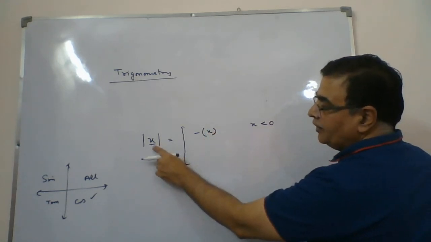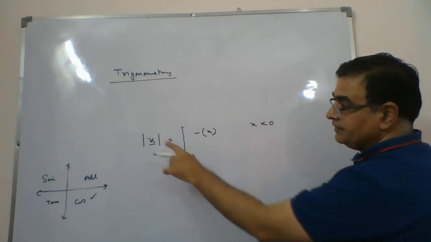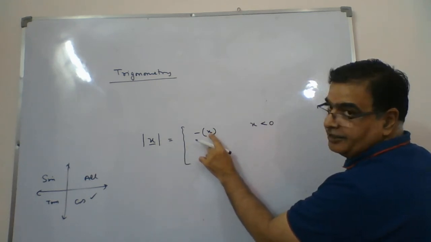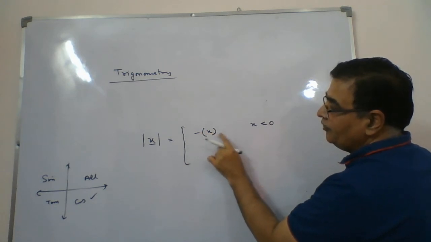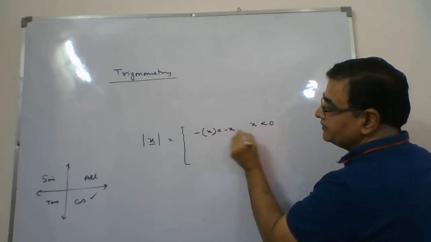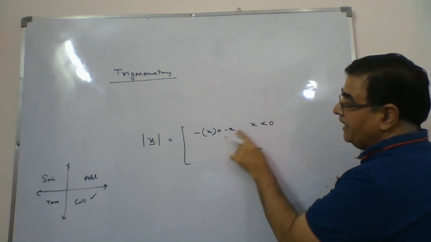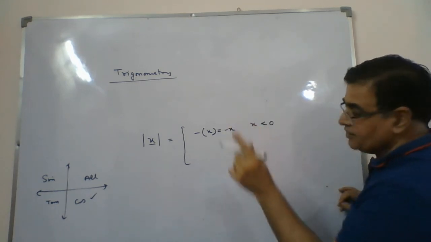If the inside quantity is negative, then to make it plus, because it is already negative, one more minus we'll put, and this result is coming minus x. Minus x does not mean it is negative. X is negative, so minus x will be positive.